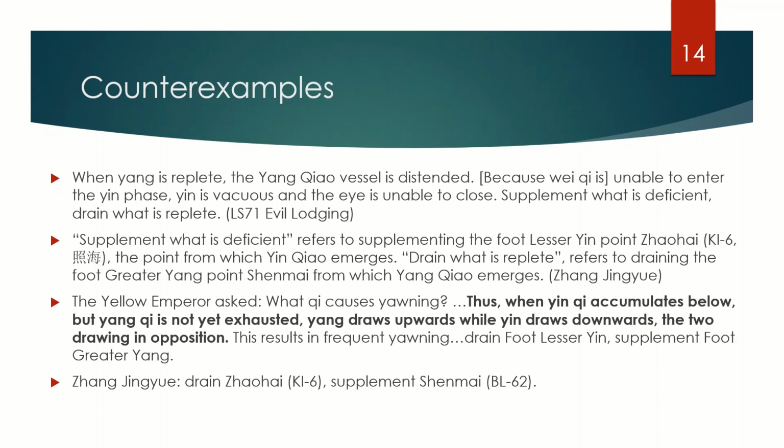But of course, when it comes down to it, the clinic is the final proving ground, and you can use both of these. For instance, you can look for spider veins at Shenmai or BL62 and kidney 6, or in this it's sort of saying if there's a distended and maybe pulsating vessel at either Yin Qiao, at either kidney 6 or bladder 62.